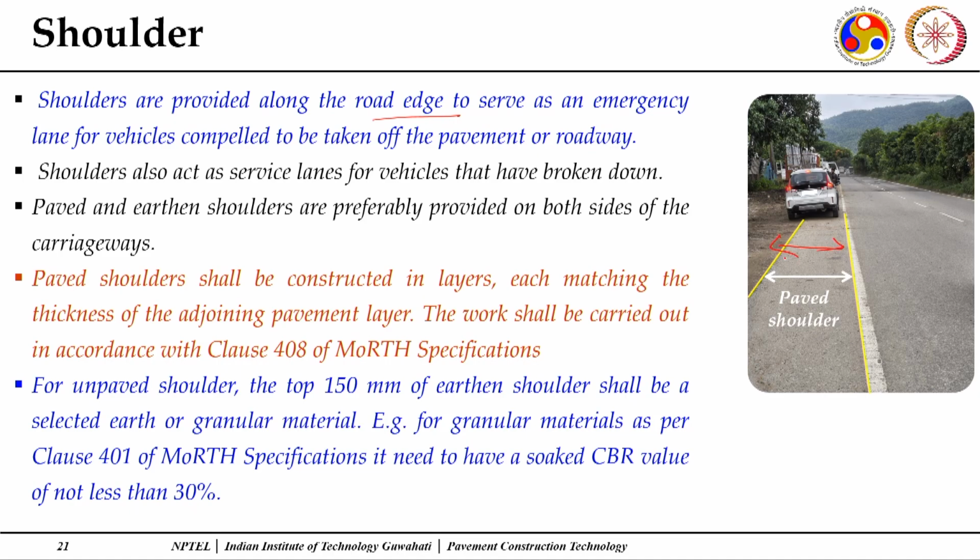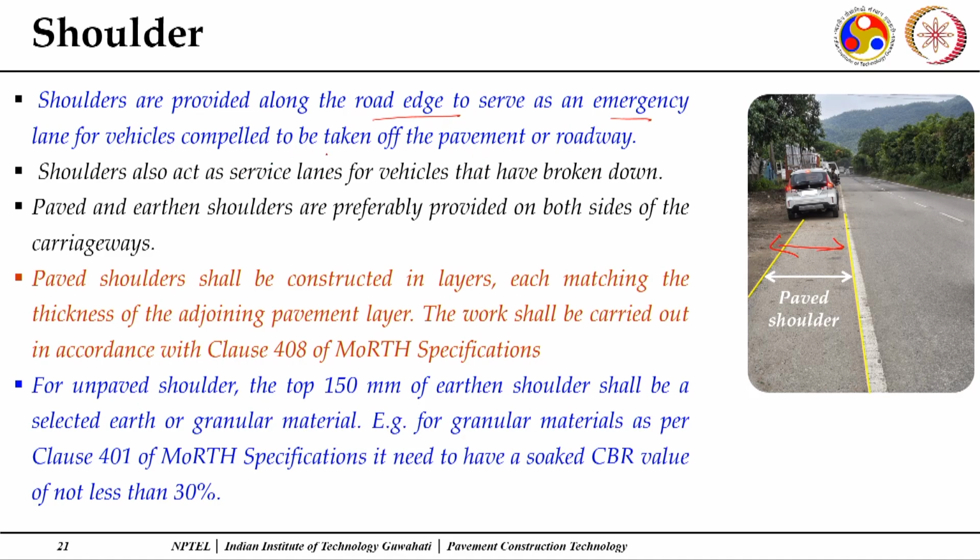From the top, if you see both surfaces, there is no difference in the surface. Only through the pavement markings, this continuous marking, are you able to work out that this is a paved shoulder. The paved shoulder serves as an emergency lane. If a breakdown occurs, the vehicle can stand on the side. This vehicle is also standing here.